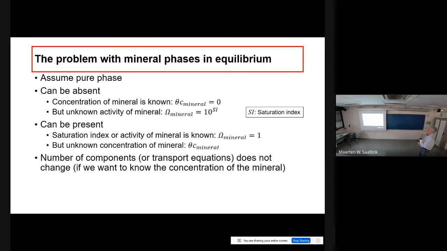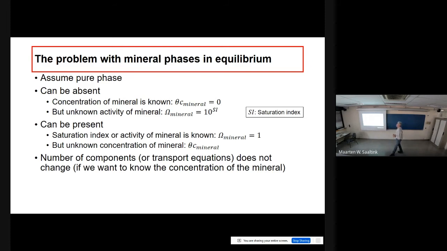In that case, thermodynamically, the activity of this mineral is 1. Then the basic problem is that this mineral can be absent, or it can be there.